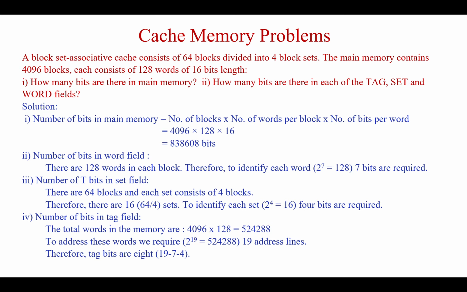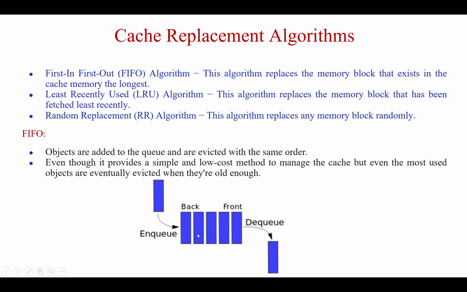Therefore to identify each word, 2 power 7 is equal to 128, that is, 7 bits are required. Next, the number of bits in the set field: 2 power 4 is 16, that is, 4 bits are required. Number of bits in the tag field: the total memory has 4096 times 128 words.